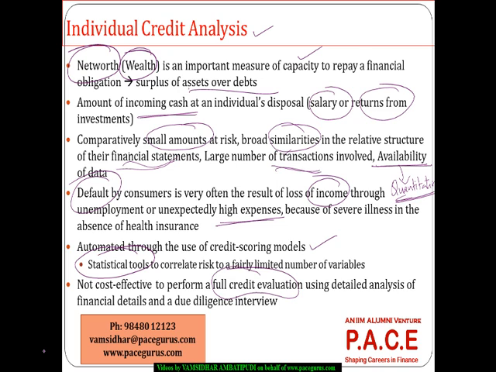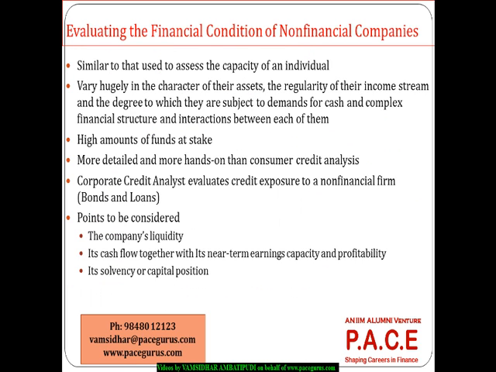So it does not make sense, in terms of cost effectiveness, to do a full-fledged evaluation using a detailed analysis of the financial statements of the individual. So it's always better to rely on automated credit scoring models for individual credit analysis. So that's one part that we really need to understand.